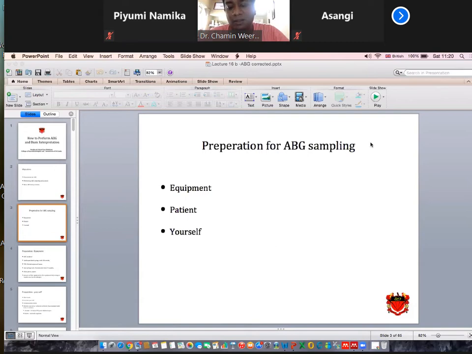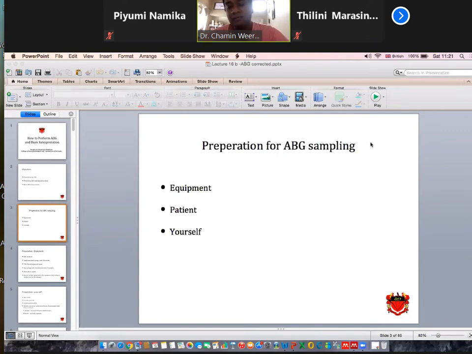Arterial nerve damage. Okay, you can damage the surrounding structures, but it's unlikely when you do an ABG. It might be a very rare complication. Like if you do it at the femoral, there's a chance of damaging the femoral nerve, but it's very rare. What else? Vasospasm. Okay, vasospasm.